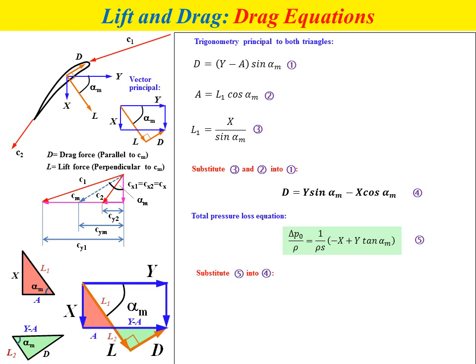Substitute equation number 5 into equation number 4, so we'll get the final equation for drag force, where D equal to cos alpha M multiplied by bracket Y tangent alpha M minus X, also equal to S delta P naught cos alpha M, stated by equation number 6.